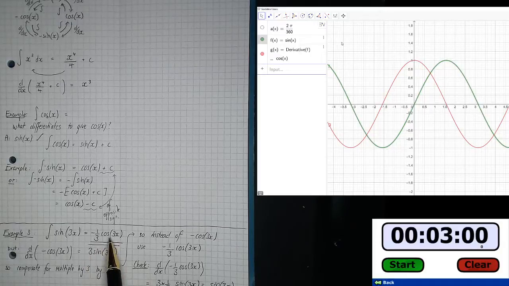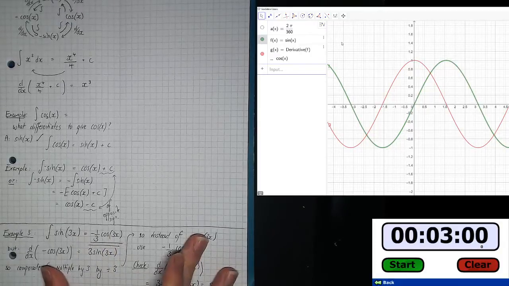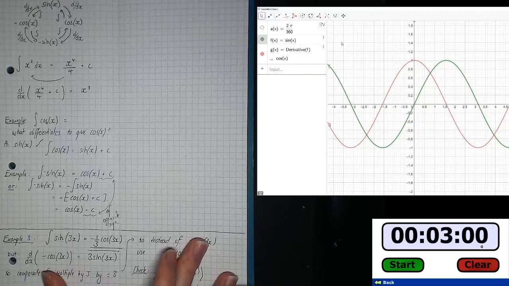For integrating, where we divide instead of multiplying, we divide by the derivative of that inside bracket.